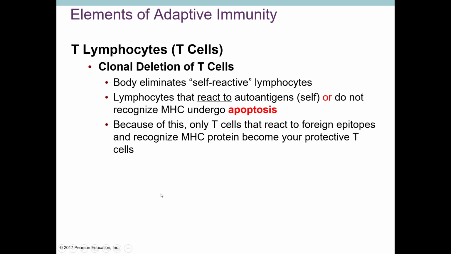And the way it works is that the body has a system called clonal deletion. Clonal deletion eliminates any self-reactive T cells or B cells, although we're talking about T cells right now, the system is very similar for the B cells. For the T cells, this is going to happen in the thymus.